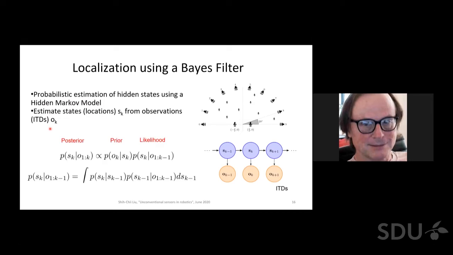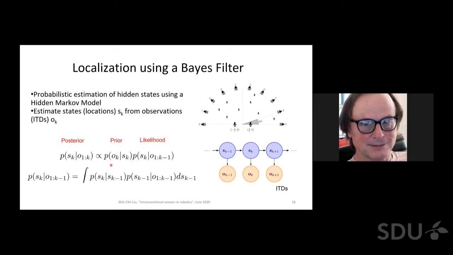Okay, so for this then we have to compute the posterior, and the posterior would be the probability that the person is in a particular state, depending on the event K that you get, and then also on the ITDs that you estimate from all the K events that came before. And that's proportional to the prior multiplied by the likelihood.